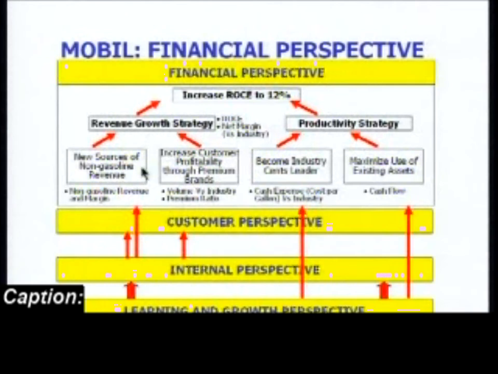Building up from the bottom, we now see that the new sources of non-gasoline revenue, such as the convenience store food items, these fed into the revenue growth strategy, and on the right-hand side, strategies that they introduced into their refinery operation to become an industry leader and to minimise the use of their existing assets in gasoline refining was a productivity strategy that, together with the revenue growth strategy, both contributed to increasing the return on capital employed to 12%.